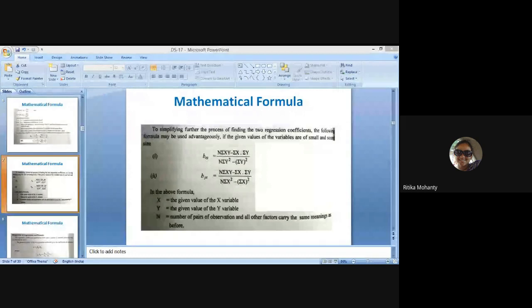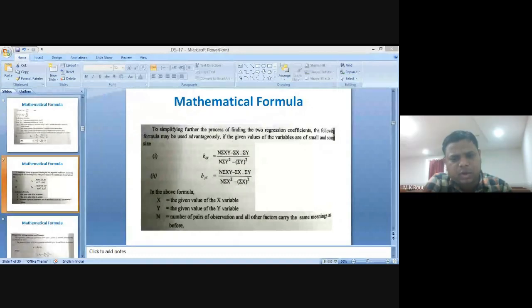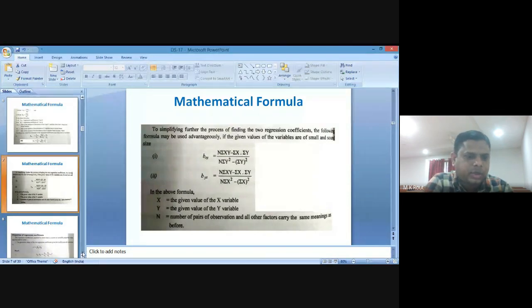Some are applicable to draw the line, some to find the equation, and some for calculating the coefficient of regression analysis. So the formula is modified into different forms. I will provide all the formulas, but it is your duty to memorize them.